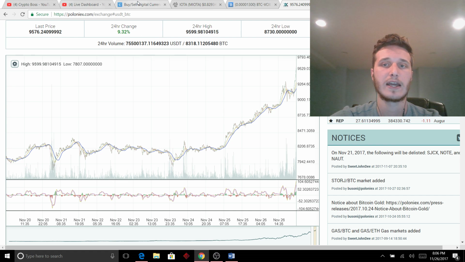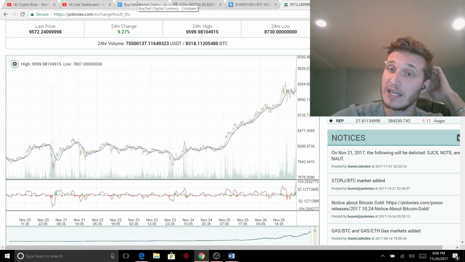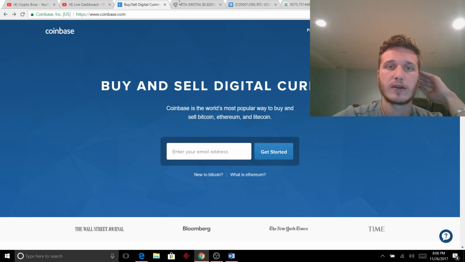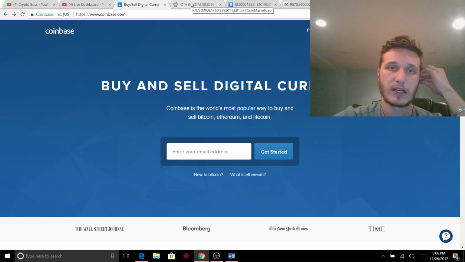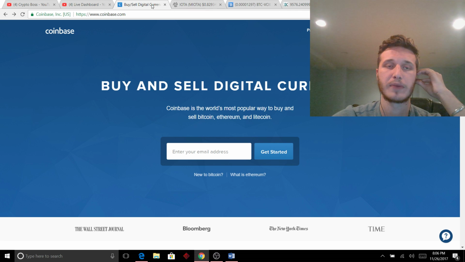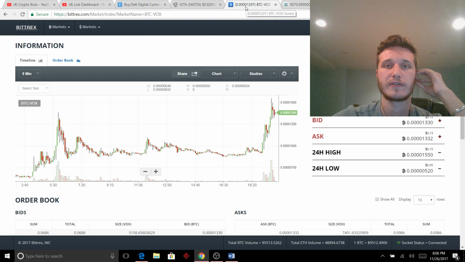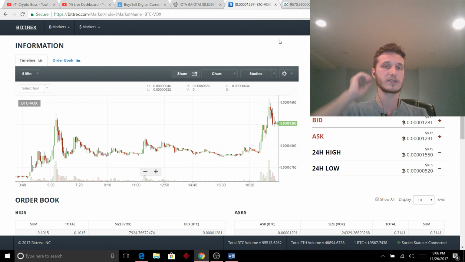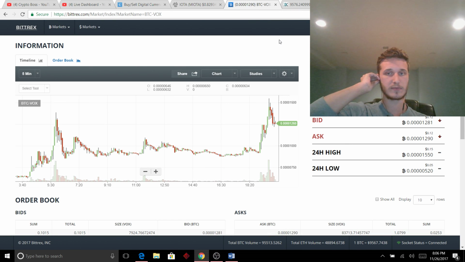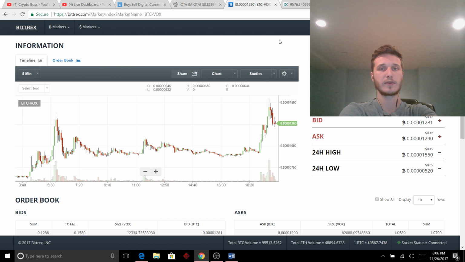But if you're going to buy on Coinbase, there's one thing to keep in mind, and that's the Bitcoin transaction fee off of Coinbase is like $8. So if you're buying a smaller amount of Bitcoin, I recommend buying Ethereum or Litecoin because their transaction fees are like 3 cents. If you're buying $1,000 worth, it doesn't really matter as much.